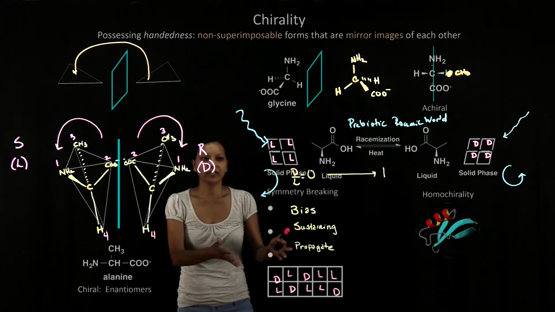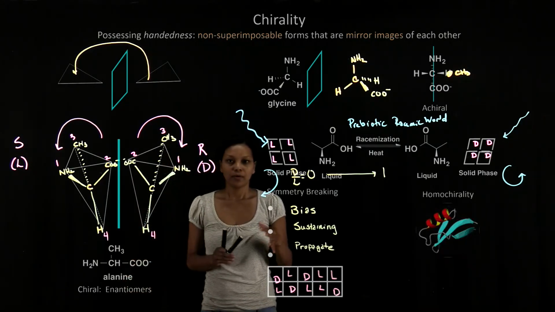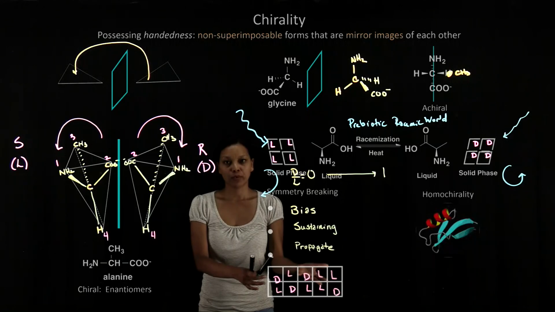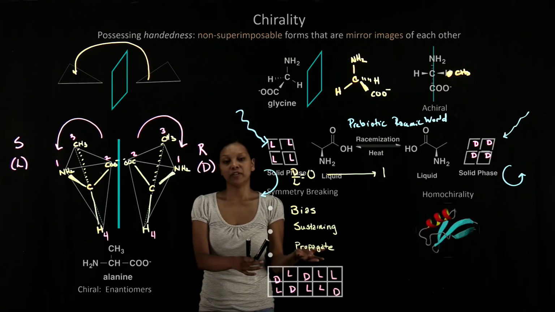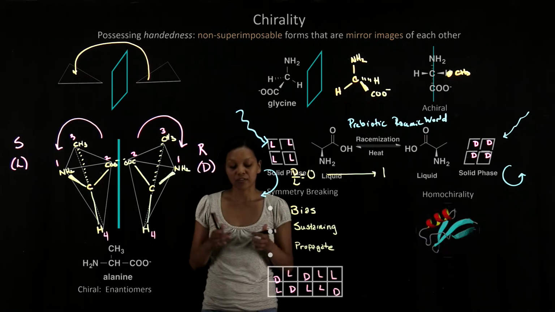And so one of the theories in which enantiomer enrichment could have occurred is through space, in which we have a racemic mixture of amino acids in meteorites, and there's circularly polarized light in the interstellar space.